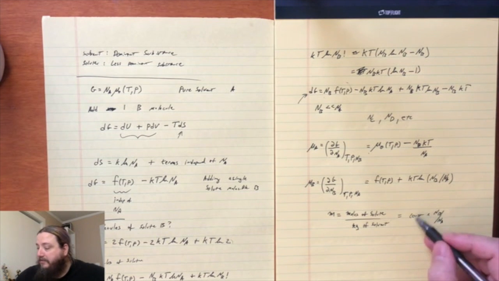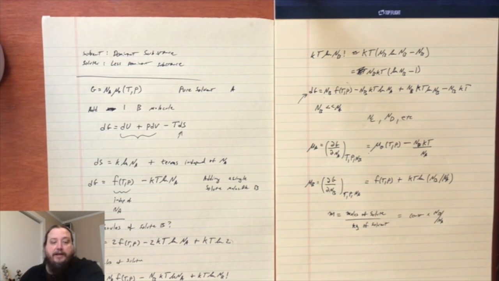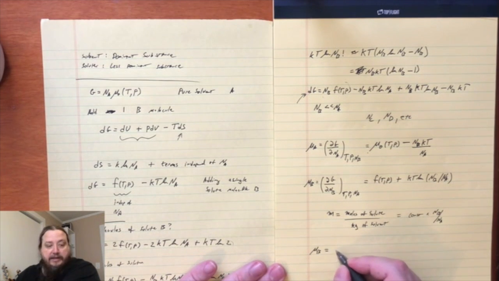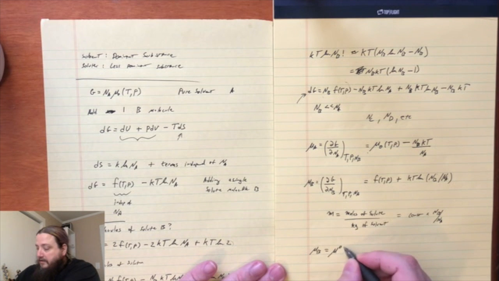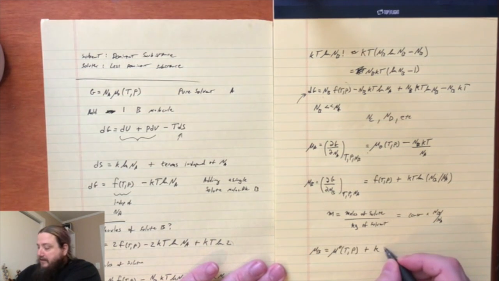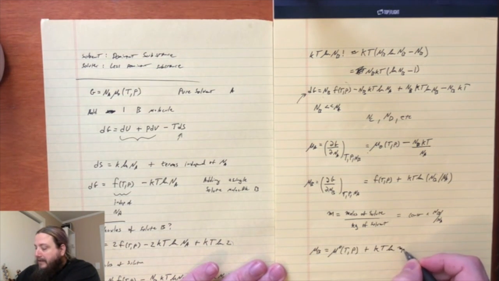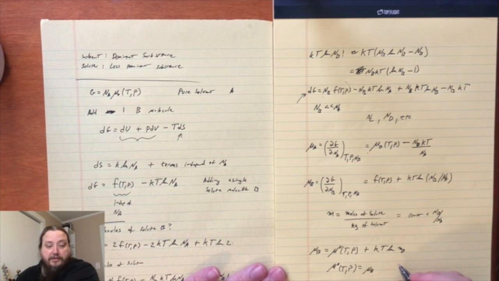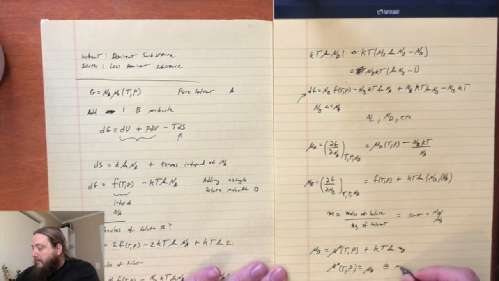And if we absorb this constant into that function f and rename it such that the chemical potential of B is our mu naught of T and P plus kT times the logarithm of our molality, where this chemical potential mu naught here is the chemical potential of our solute at molality equal 1.